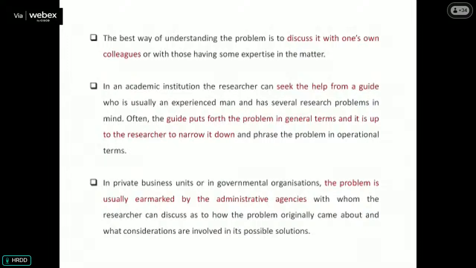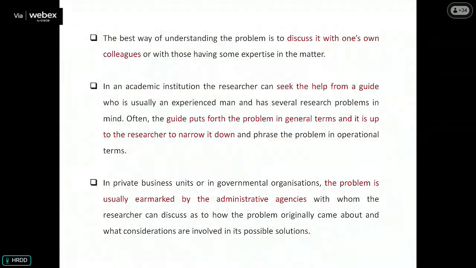I told you, you have to take the decision like that and phrase the problem in operational terms. In private business or in government organizations, the problem is usually earmarked by the administrative agencies, right? Administrative agencies means those in government institutions and private ones. Suppose it is a food manufacturing unit; if you enter that industry, you cannot think of doing research in LED.